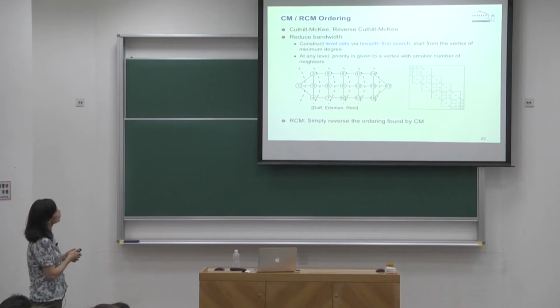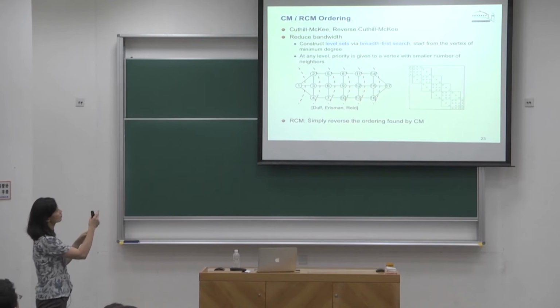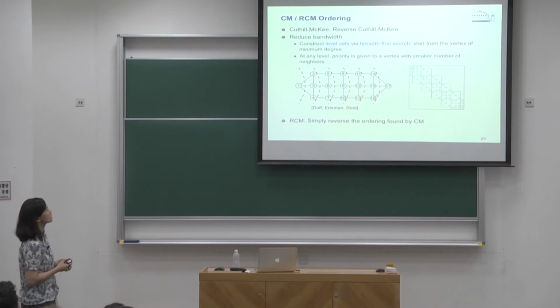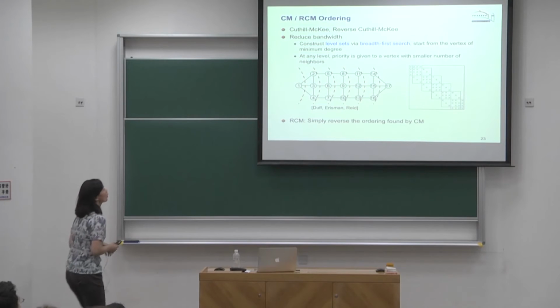And so that's the Cuthill-McKee ordering. Later people found that you should reverse this order. You still do this level set breadth first expansion, and after you find the order, you just reverse it. Instead of 1 to n, you go n to 1, to flip it. And somehow people find that this reverse RCM is better in terms of quality.